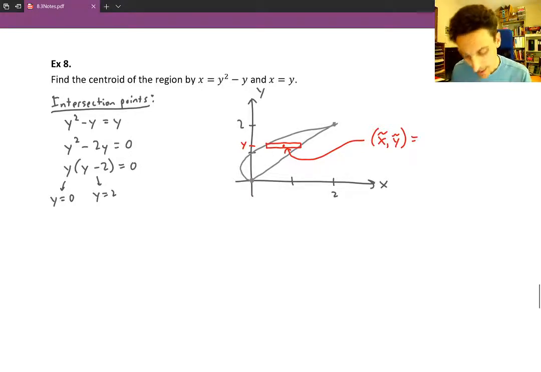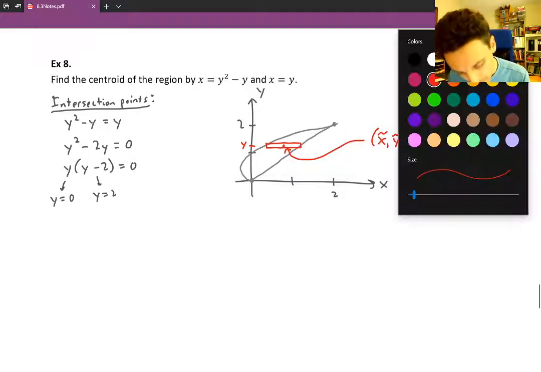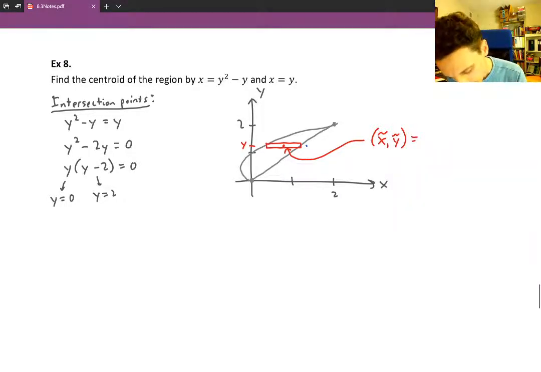Now in this case, x tilde is going to be the midpoint of the right and the left x values of these two curves. And I'm going to label those. The right curve is x equals y. The left curve is x equals y squared minus y.